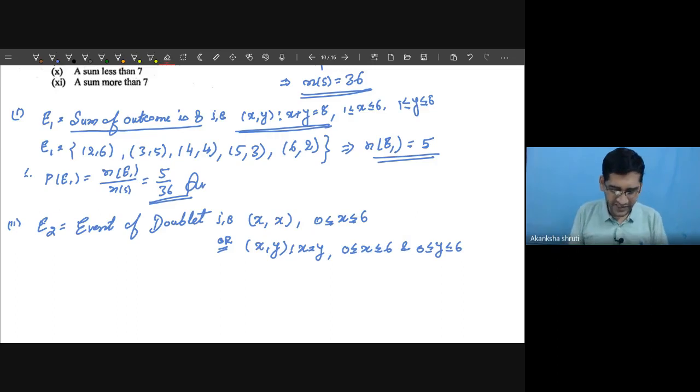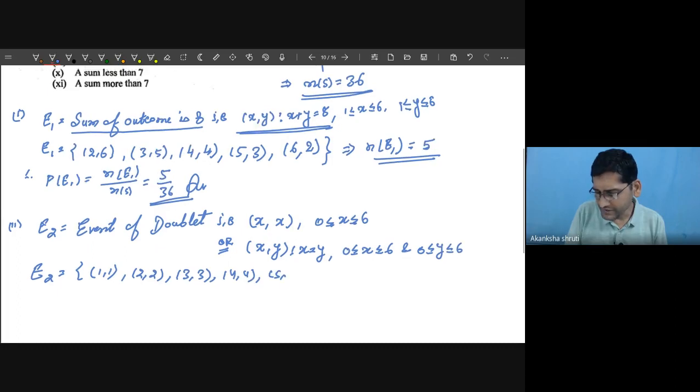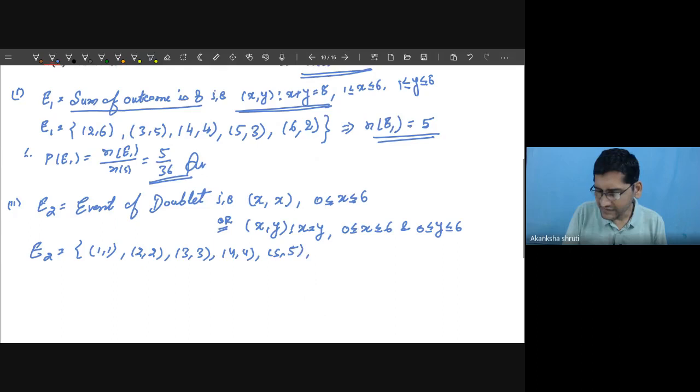So write down the event, the set. I can have first one 1, second one 1, first one 2, second one 2, first one 3, second one 3, first one 4, second one 4, first one 5, second one 5, first one 6, second one 6. It's so simple, students.